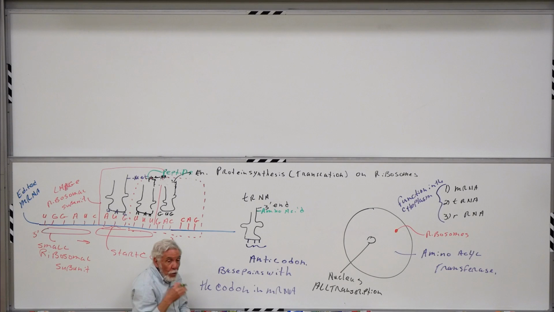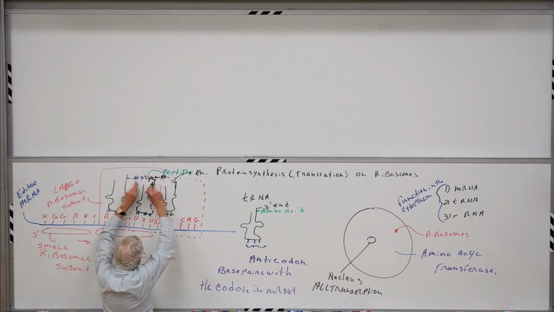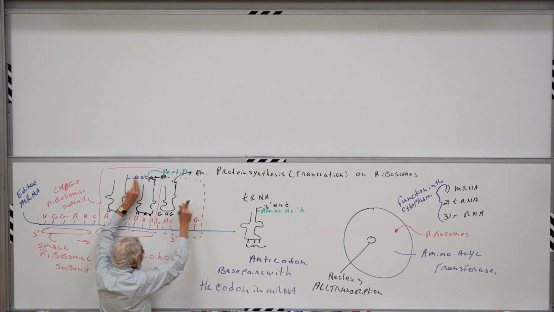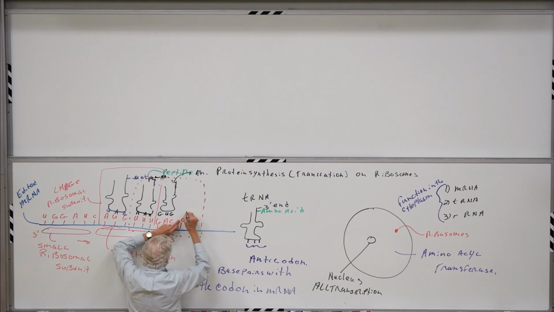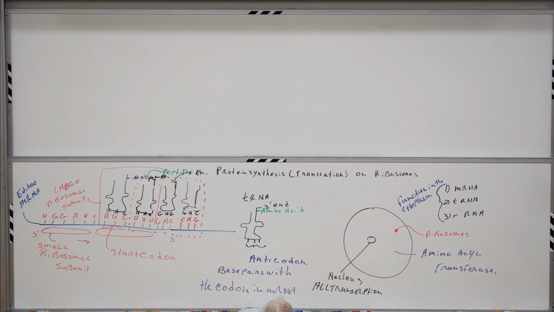We do this over and over again so that we now have a polypeptide chain being added to this last transfer RNA that was moved into the site. And so we do this over and over again. So now there's going to be a GUC, and CAG is, I think, glutamine. So this is now going to be glutamine.